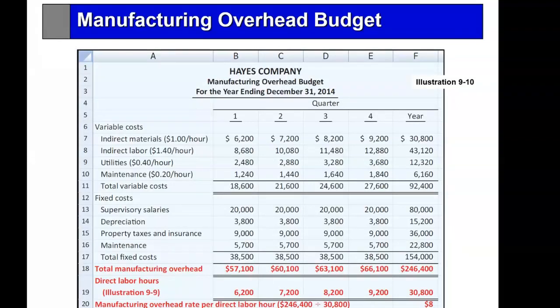All right, and that's all based on that. So when you want a manufacturing overhead rate per labor hour, you simply take the total here divided by the hours and you get $8, but that's kind of meaningless. That's how much of that is variable, how much is fixed. Anyway, that just helps you when you're going to do the cost of goods sold.